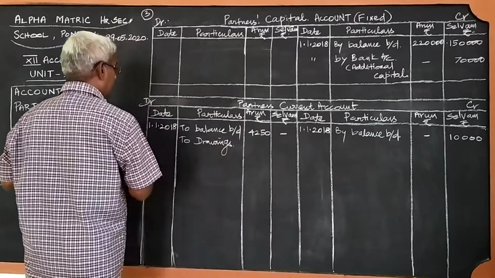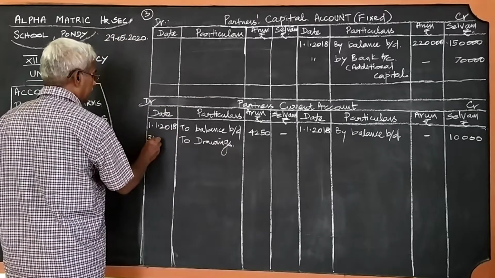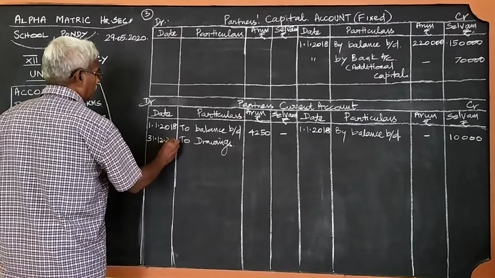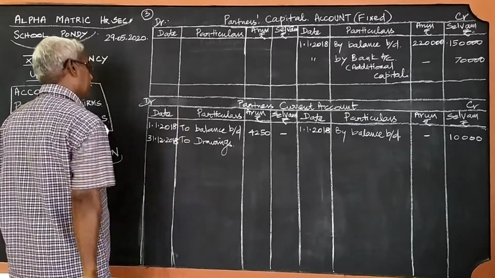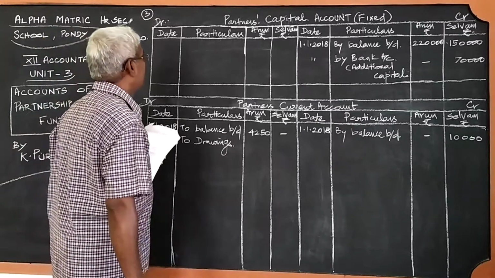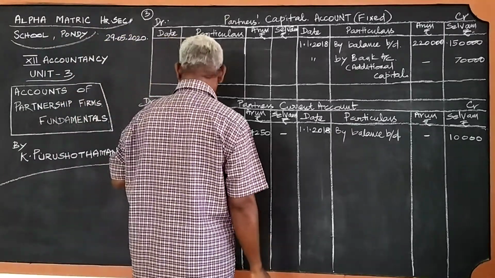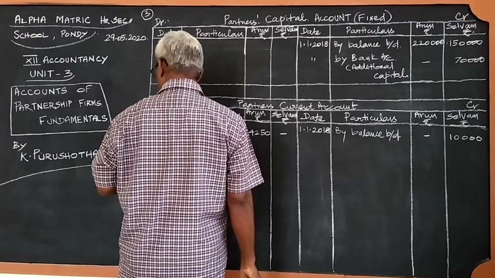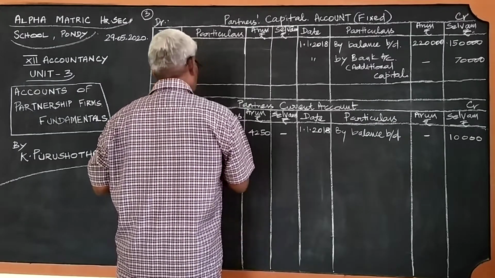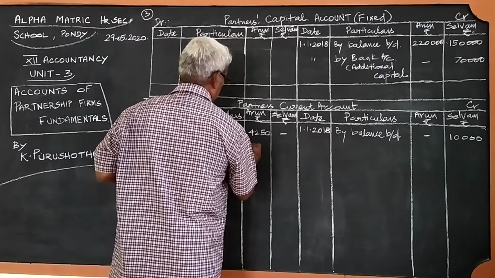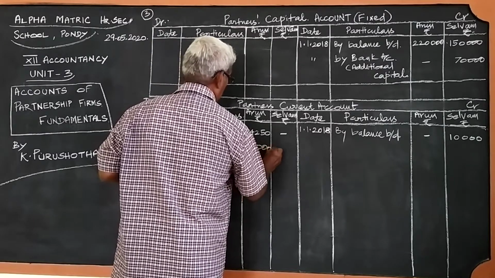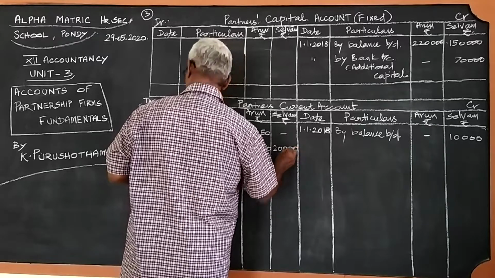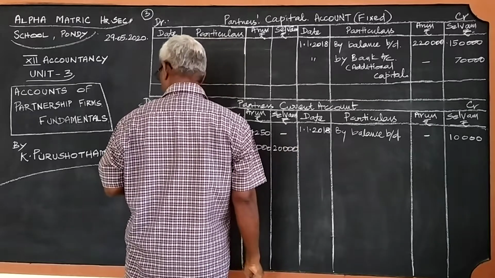Therefore, the next one, withdrew for personal use, that is drawings. You write the last date of the year, 31/12/2018, to drawings. Drawings amount is 10,000 and 20,000.